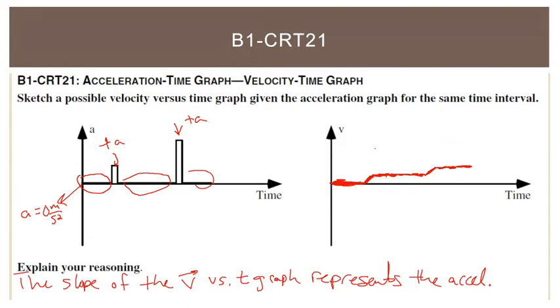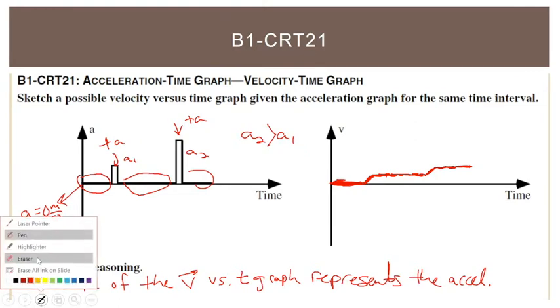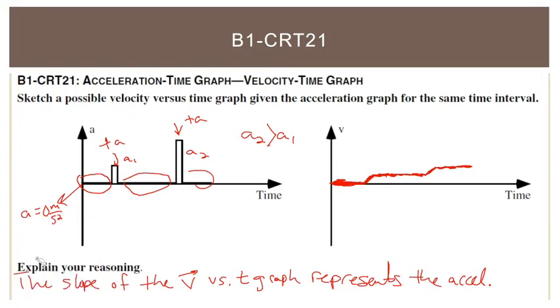Remember, you make your sketch. But it's important to realize here, if we call this one A2 and we call this one A1, it should be clear to everybody A2 is way greater than A1. That means the slope during that second segment should be larger than the slope during that first segment.